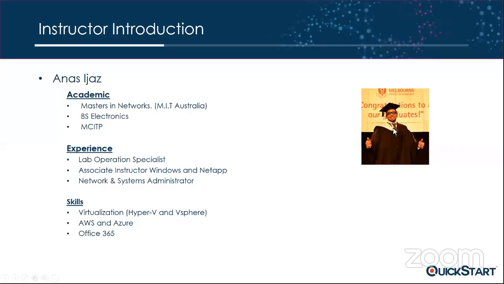This is my introduction. I've done my master's in networks, and I've got some experience on the VMware side, on AWS and Azure, I would say kind of a beginner. And Office 365, I've been doing this for about 2 years.